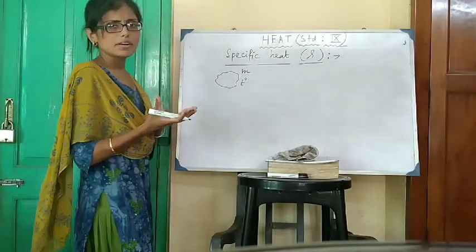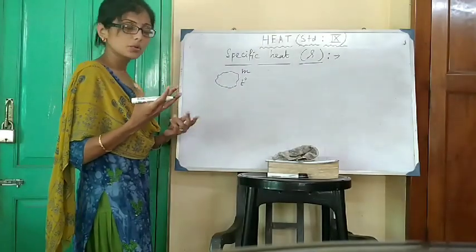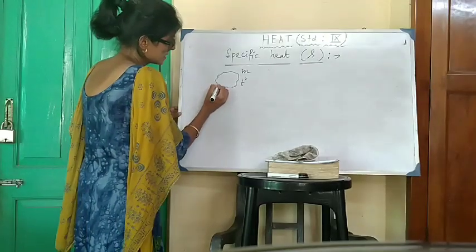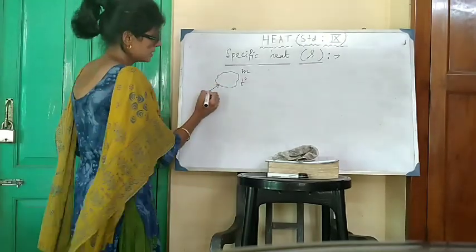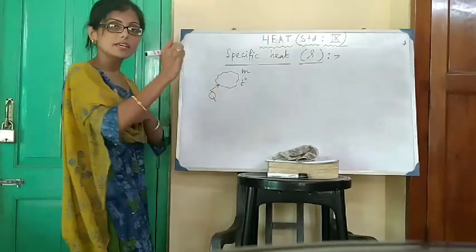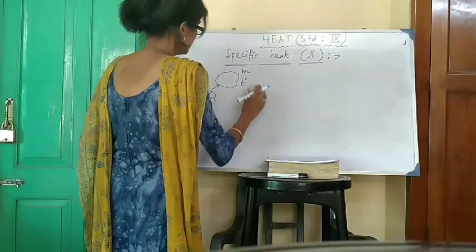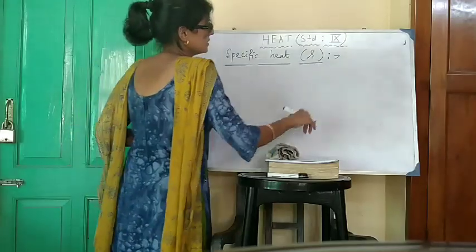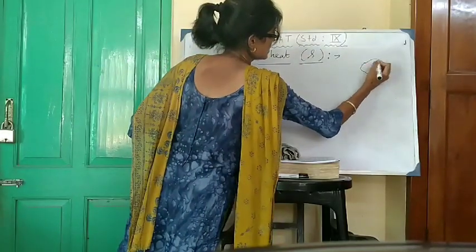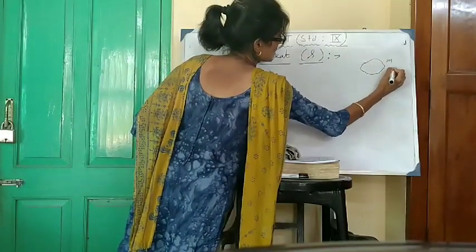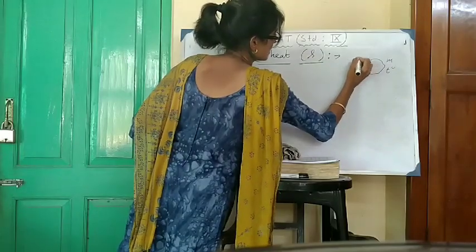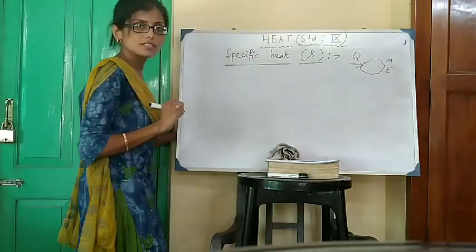Mass is either m gram or m kg. We are supplying some amount of heat Q, big Q, from outside. What is the definition of specific heat? The arbitrary mass is m, increase in temperature is T degree, heat supplied from outside is Q.